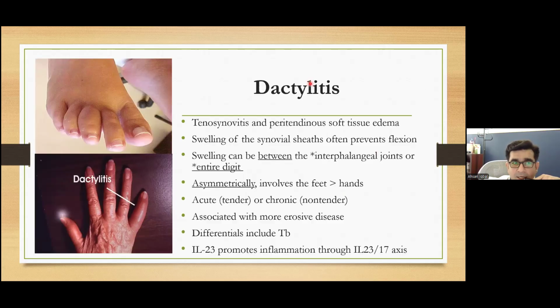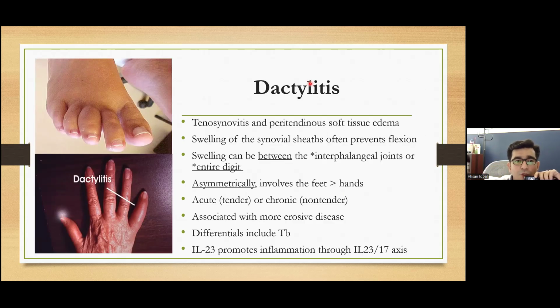And then dactylitis, which we oftentimes term as sausage finger, is essentially tenosynovitis and peritendinosis of the tendons and soft tissue edema of the tendons of the hands and the fingers. And swelling of the synovial sheath often prevents flexion of the fingers.